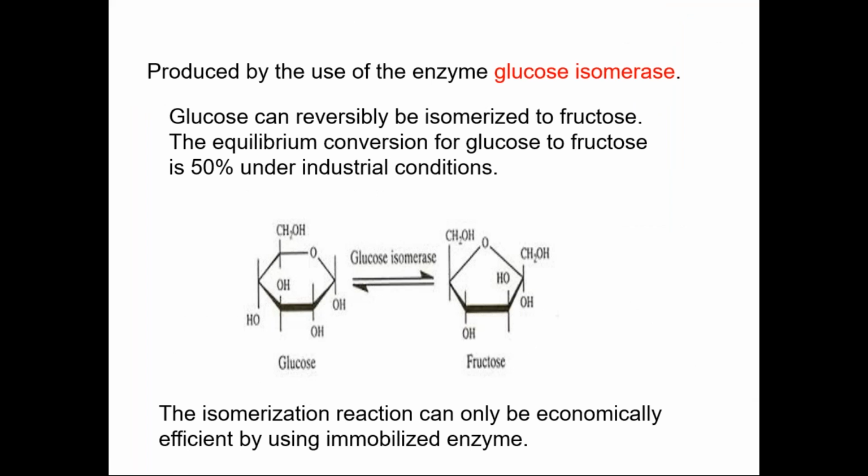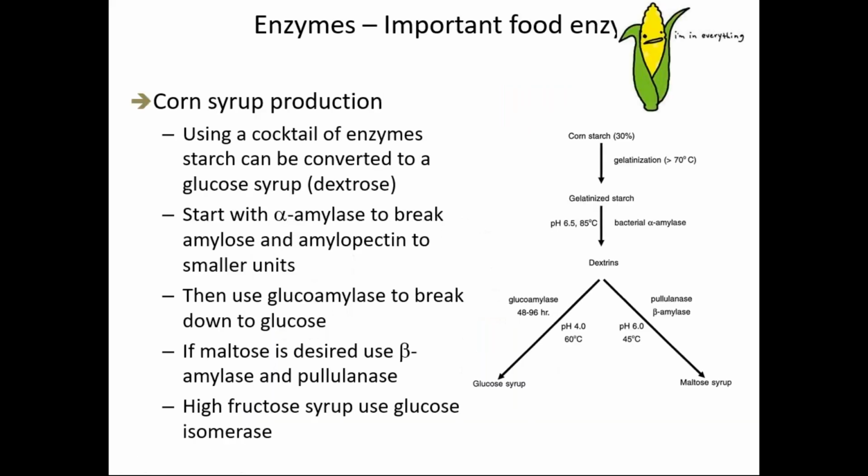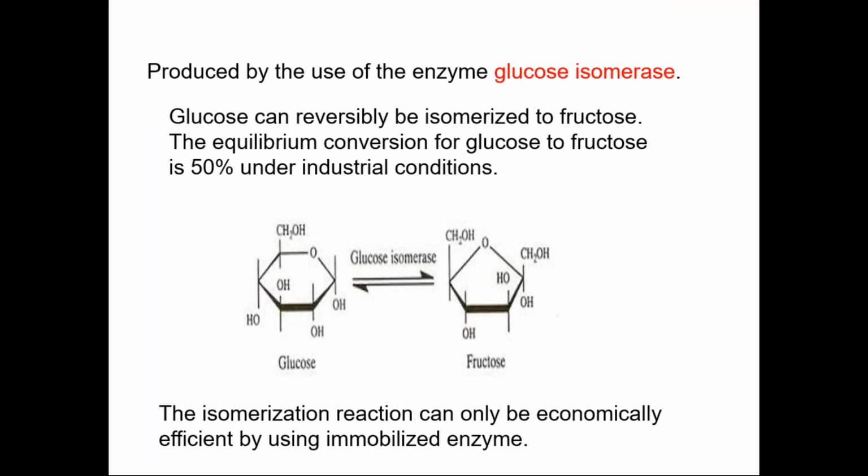So glucose isomerase is an isomerase enzyme, so it converts glucose into fructose. So in the last step, to the glucose syrup, the glucose isomerase is added, and you get the fructose syrup.